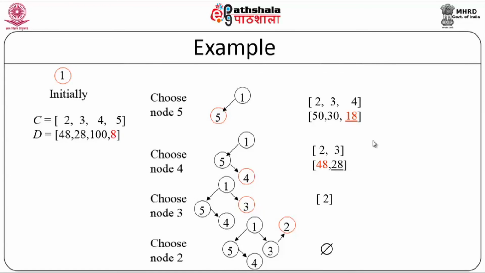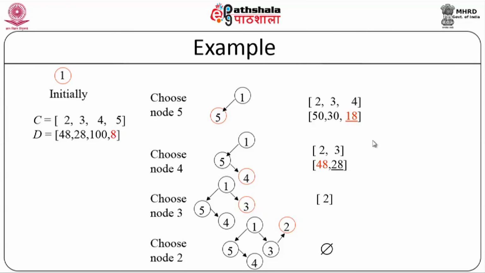From the graph I have all the possibilities 2, 3, 4, 5 with edge costs 48, 28, 100 and 8. The minimum is 8, so the distance between 1 and 5 is minimum. Therefore, I am choosing node 5.